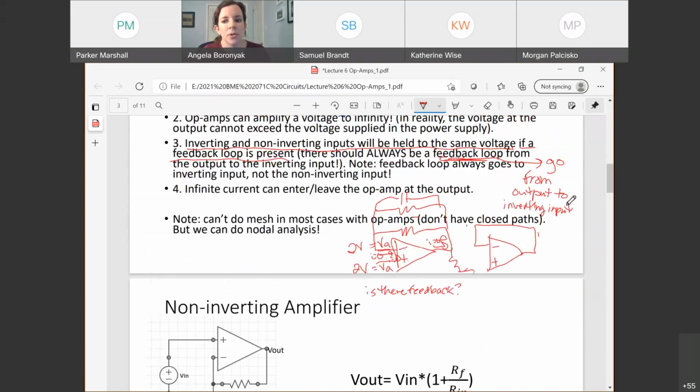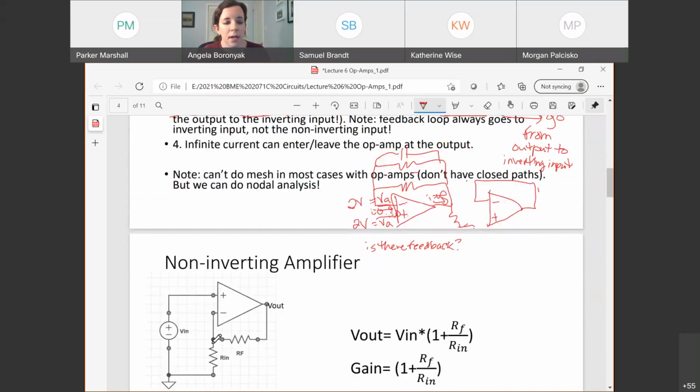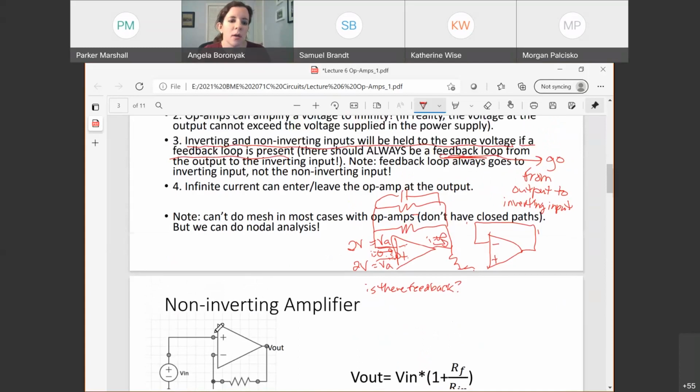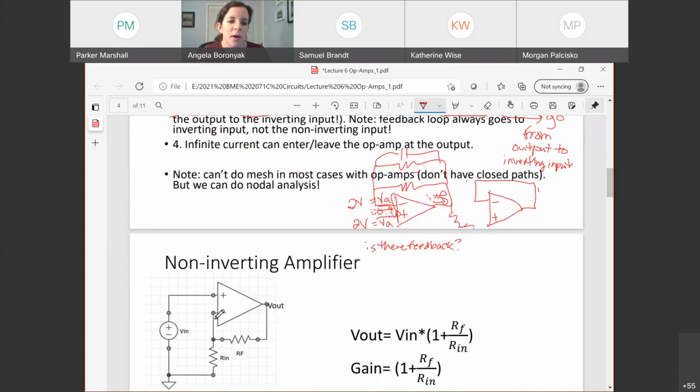Feedback goes from my output to my inverting input. Here's my output. I get a wire path with a resistor. That's fine, I can have whatever circuit elements it wants, and it goes back to my inverting input. I have that path. If I have it, it means by rule 3, the voltage right here on this wire at my inverting input has to be the same as here. So we'll see if we can find one of them.